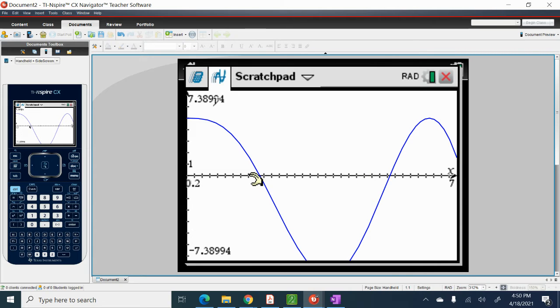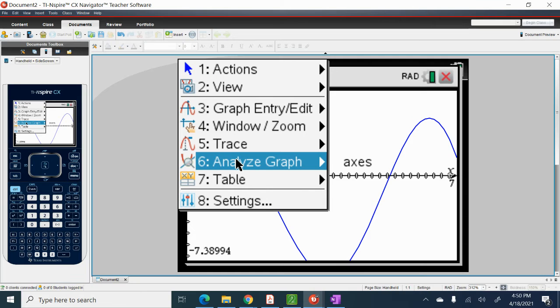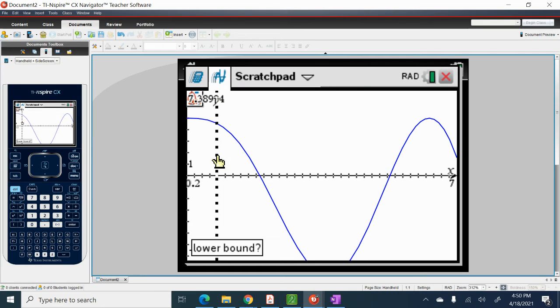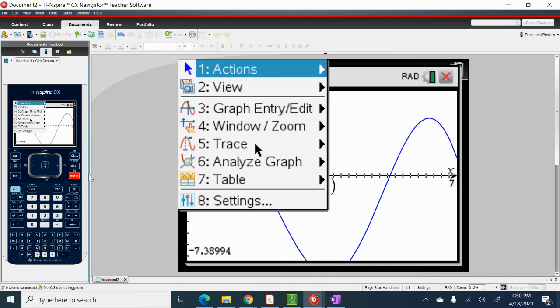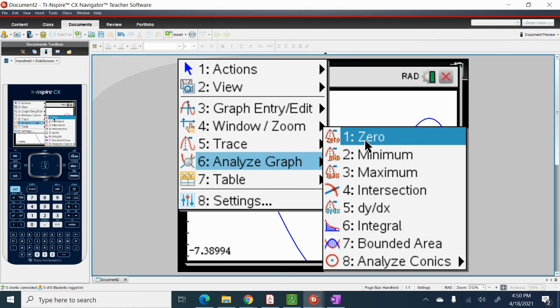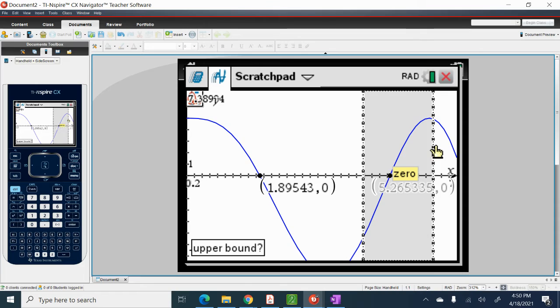It looks like we've got 2 other values where we're going to have critical numbers. So menu, analyze graph, zero, to the left, to the right. And then menu, analyze graph, zero, to the left, to the right.